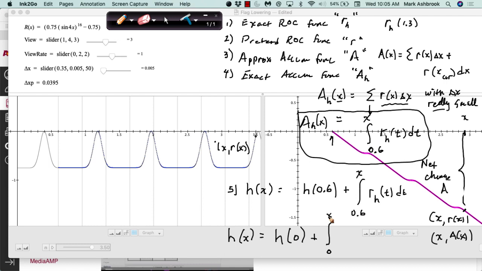So we're going to instead start accumulating at 0. But either one of these is valid. It's just maybe a little more natural to start with the actual height when time starts, and then we're going to track the changes in height, or the amount of decrease in height, and that will give us the height of the flag at any moment x.